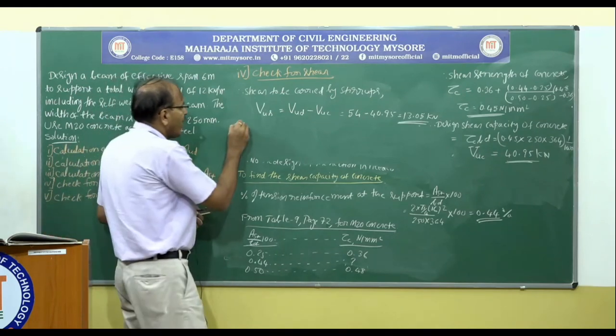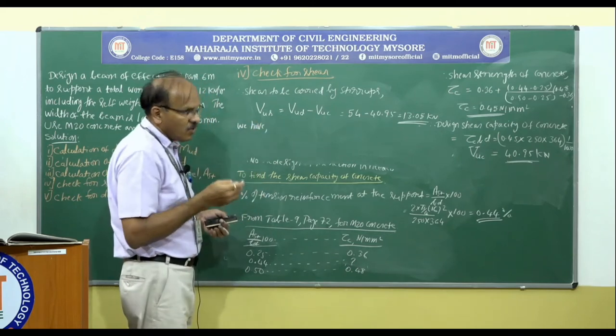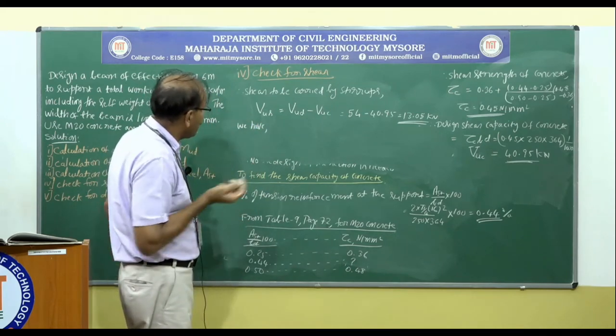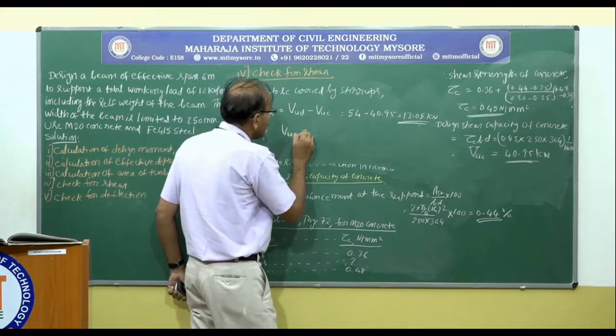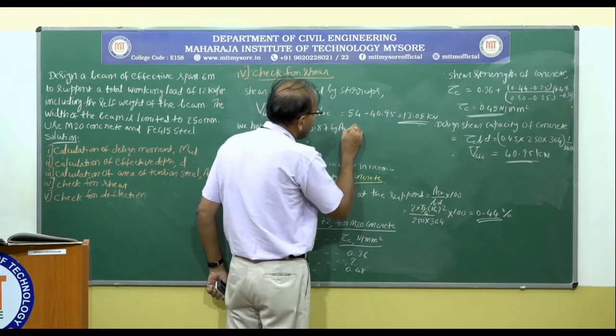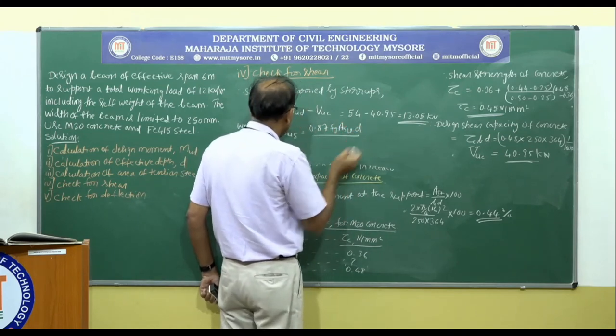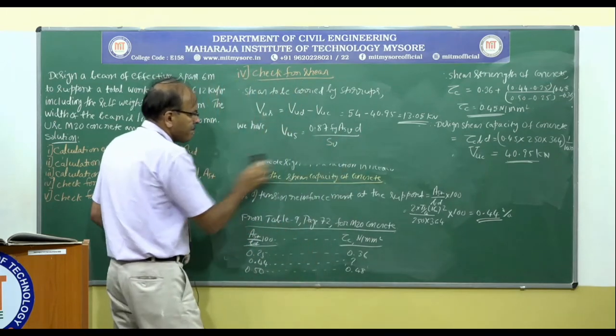Okay. So we have, open page number 73 of the code book. VUS equal to 0.87 FY ASV multiplied by D divided by SV.